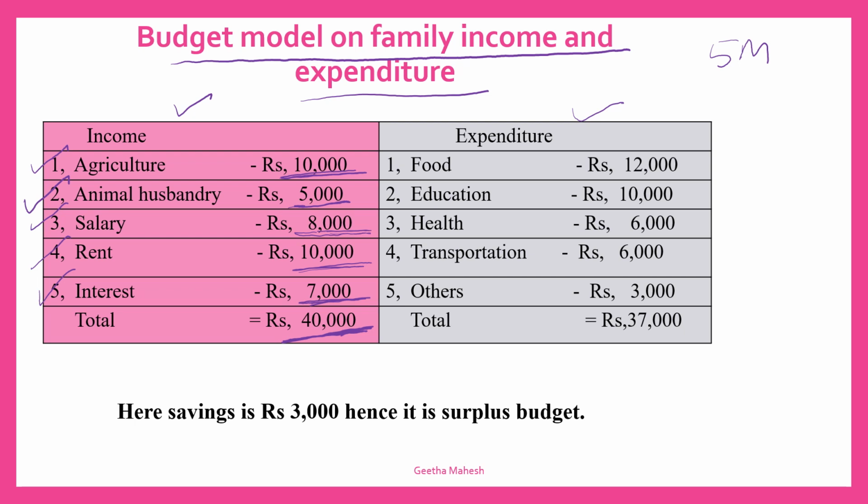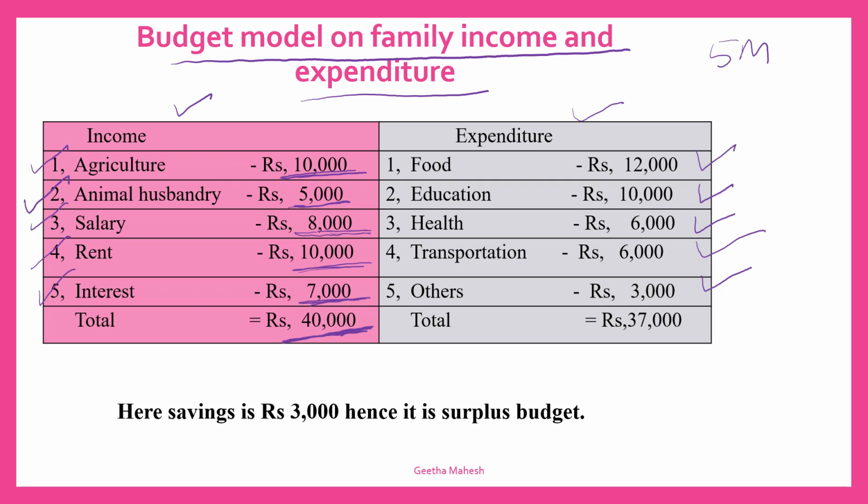As I get an income, there will be expenditure too. For food I will spend 12,000 rupees every month, for education 10,000, for health 6,000, for transportation 6,000 rupees, and other miscellaneous expenditure comes to around 3,000.